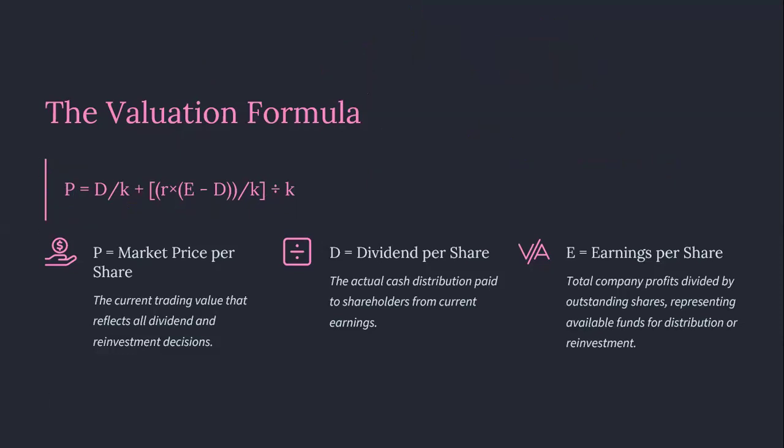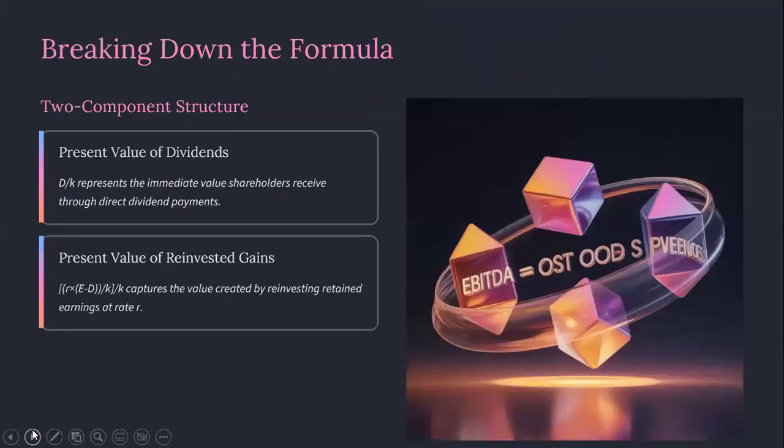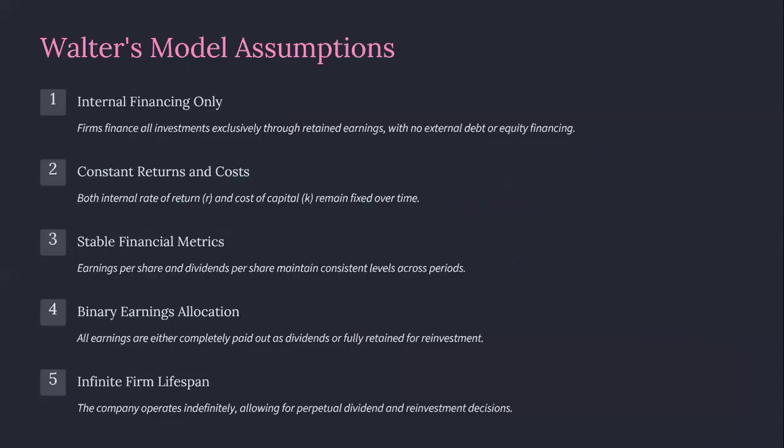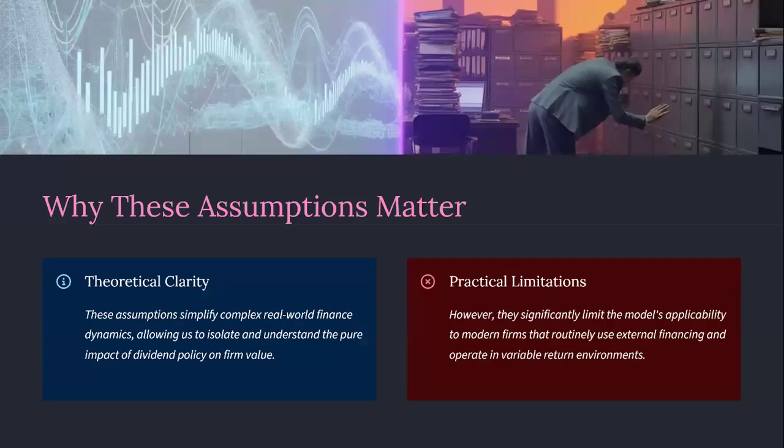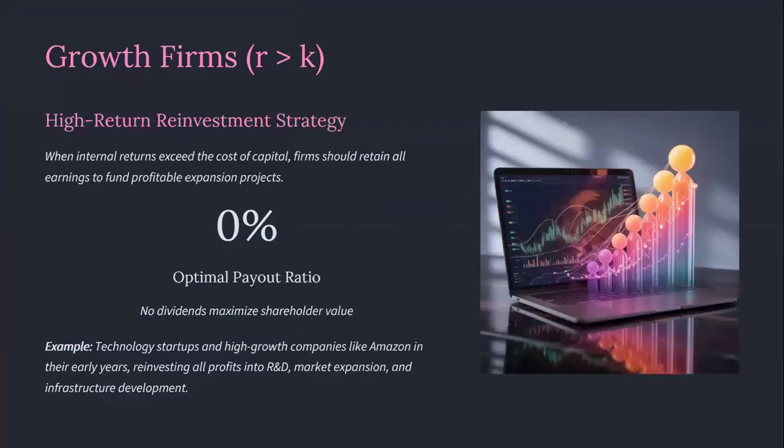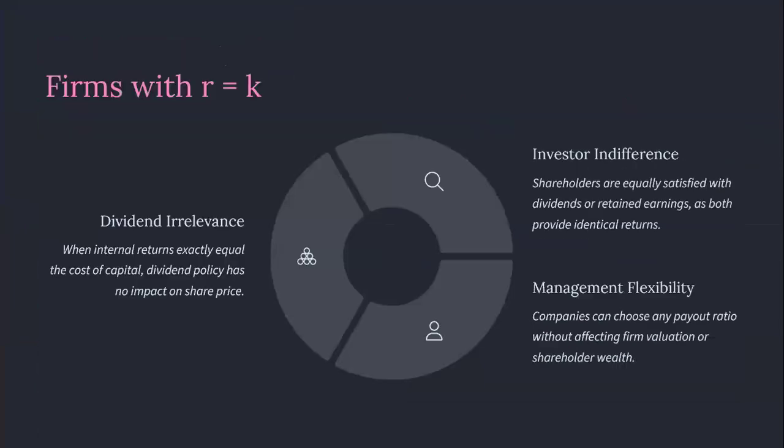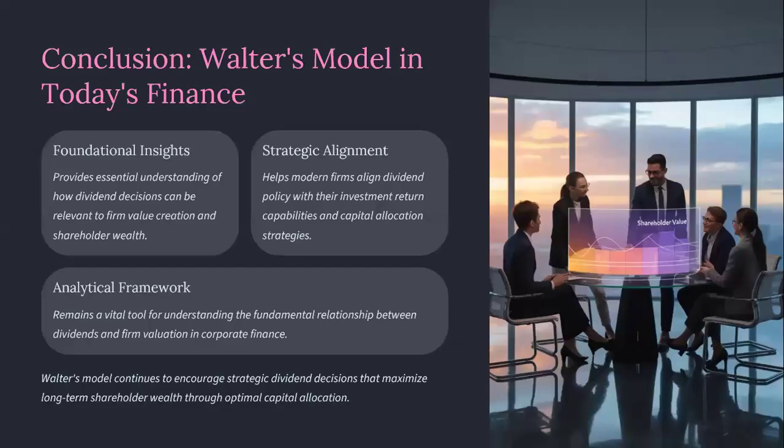Now let's move further. There are almost 2 minutes remaining to finish my session. So I'll just give an overview of where we are going further. We are going to talk about the formula, then assumptions, then how it works, and real world examples. So this is about Walter.